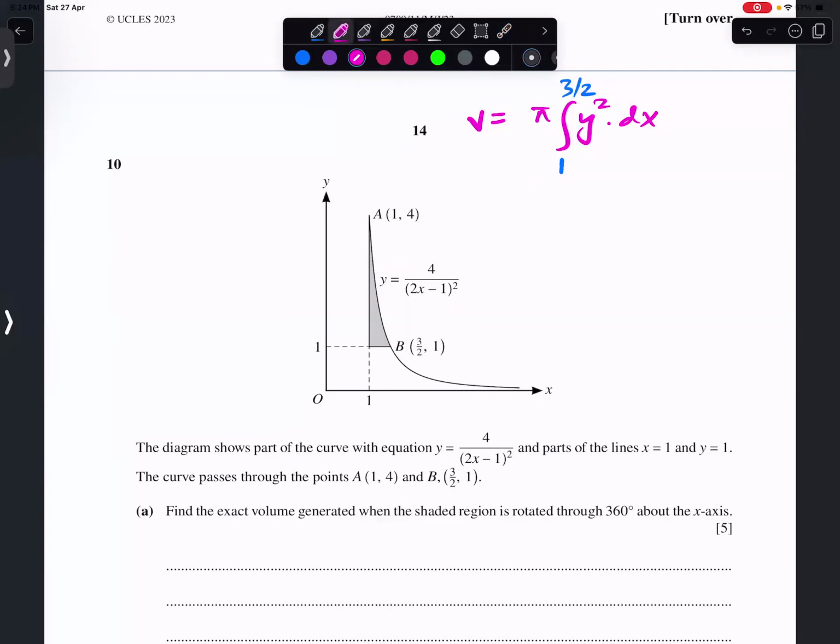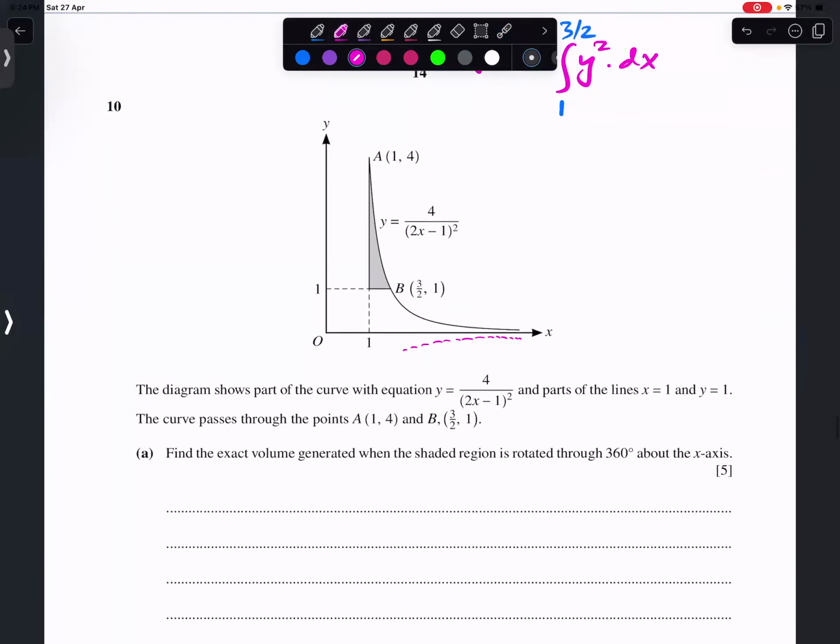Students, let me tell you, if you reflect this graph in the x-axis, what will happen? So students, this is the shaded area, and this is the reflection of the above graph.